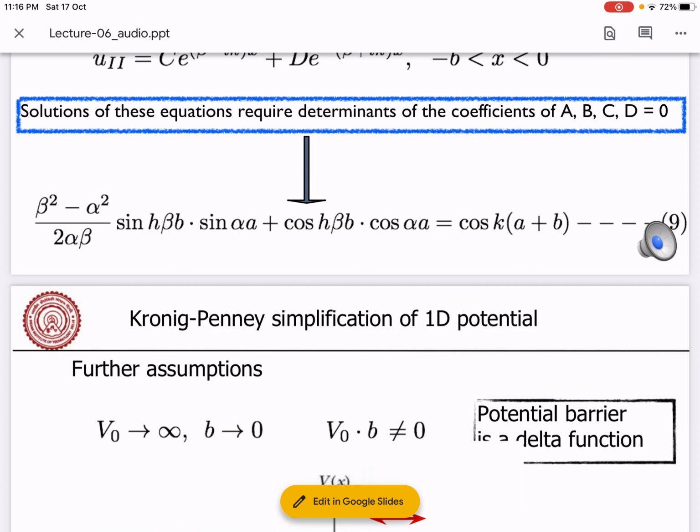However, the product of V0 and b must be finite, so a non-zero value.